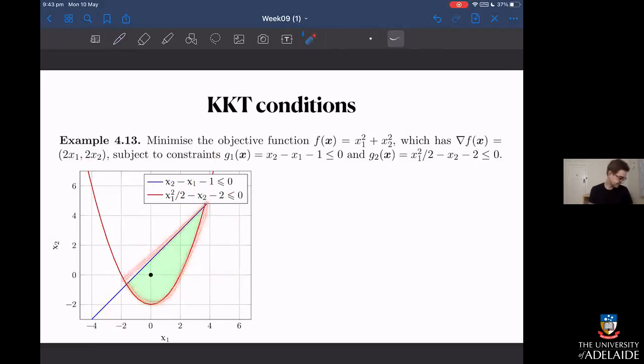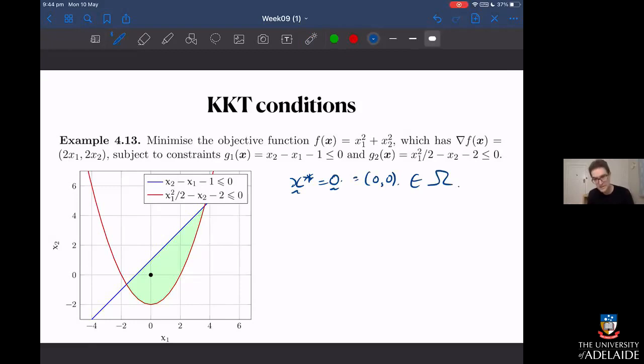Now, of course, the minimizer here, we know the minimizer is at 0, 0, at the black dot there. So we know that x star is equal to 0, 0. And that means that's in the interior of this convex set, right?